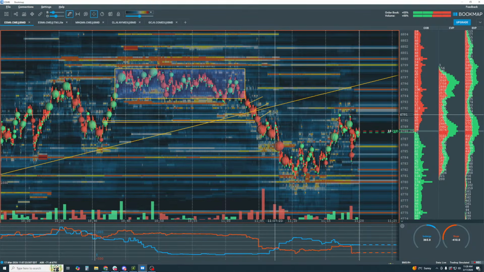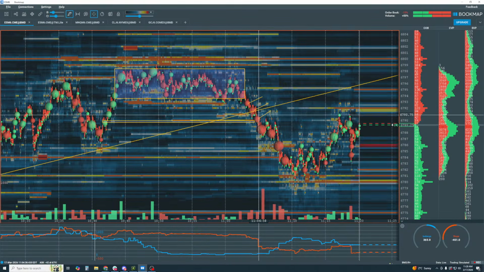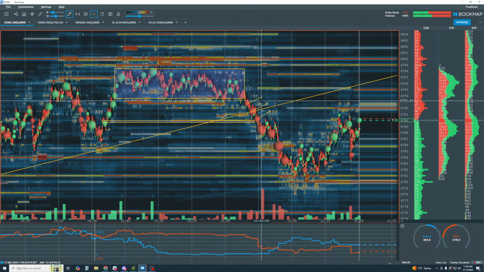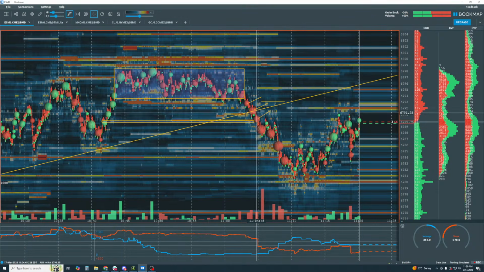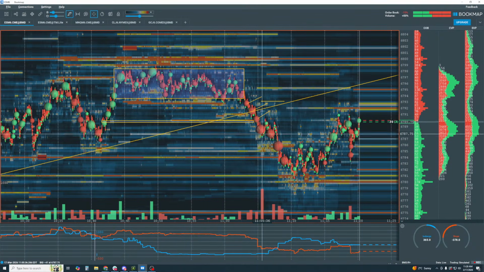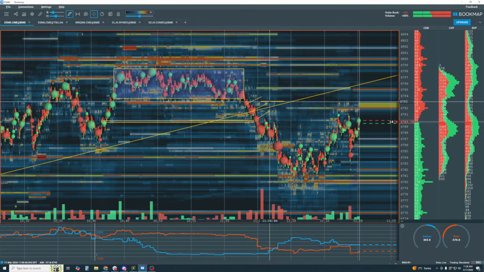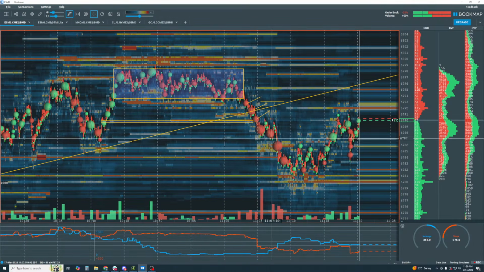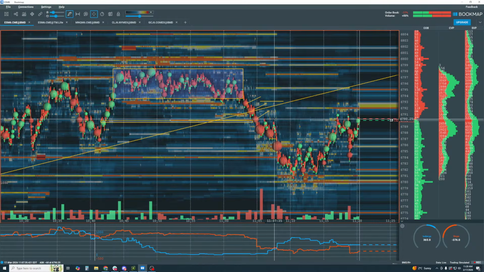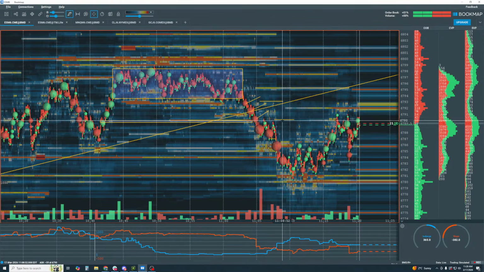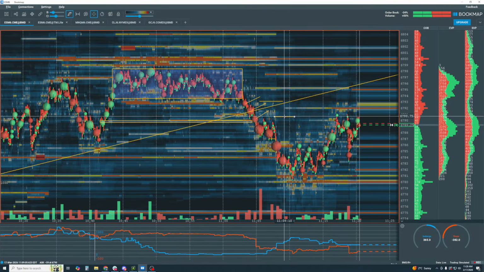Originally your stop would be up here, and once it broke a small little range in here, I'd still keep it up here. Once it broke this range, once it broke below here, now I'd move it to here, and maybe a little bit higher, something like that.